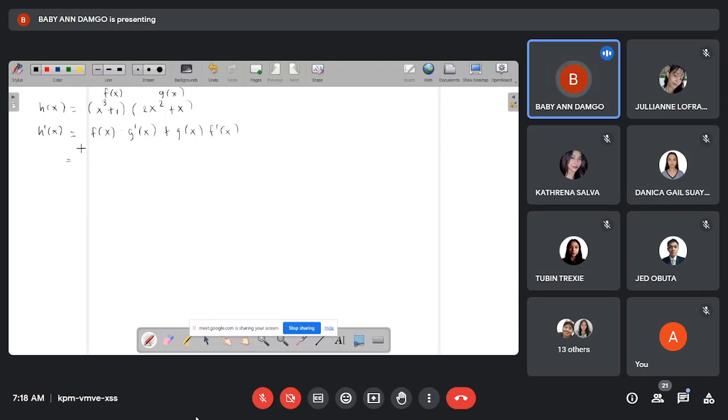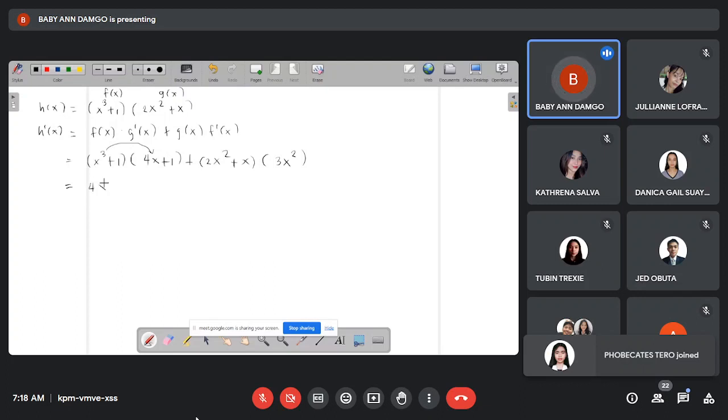Okay? So, this is equal to, so copy f of x, so x cubed plus 1 times the derivative of your g of x. So, ang derivative ani is 4x plus 1 plus, so copy the g of x, so 2x squared plus x times ang derivative sa f of x. So, ang derivative ani, this is 3x squared. Okay? So, this is equal to, so simplify.